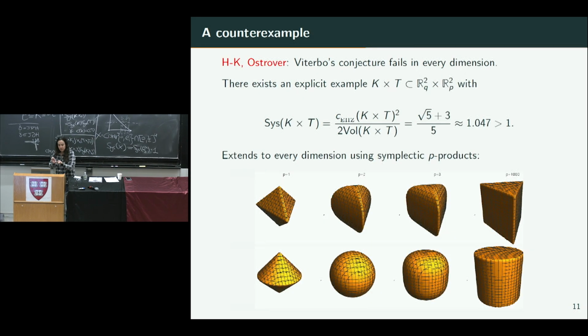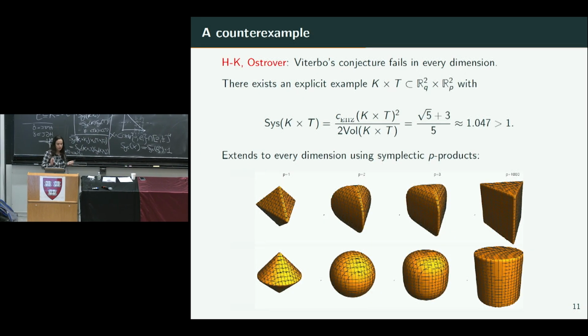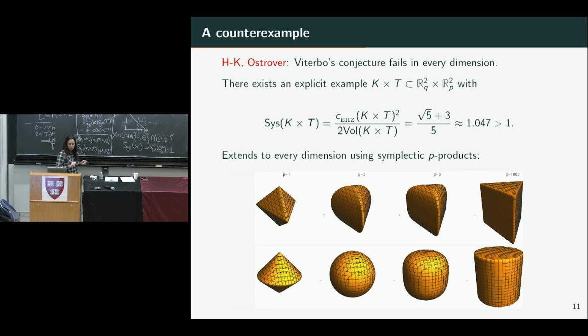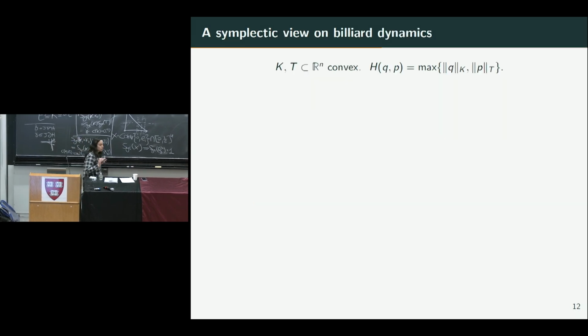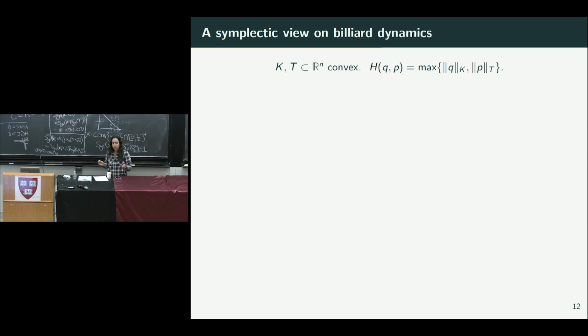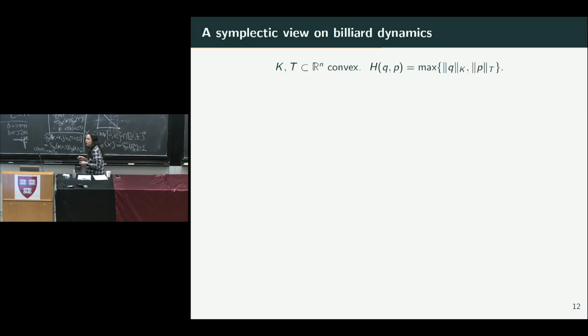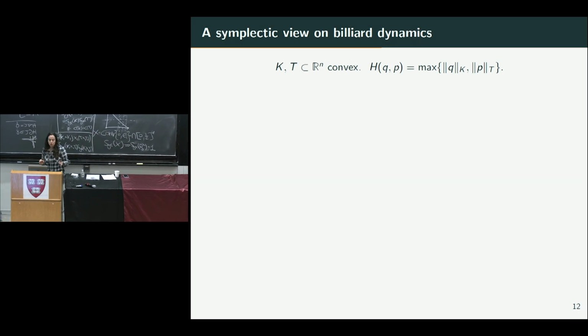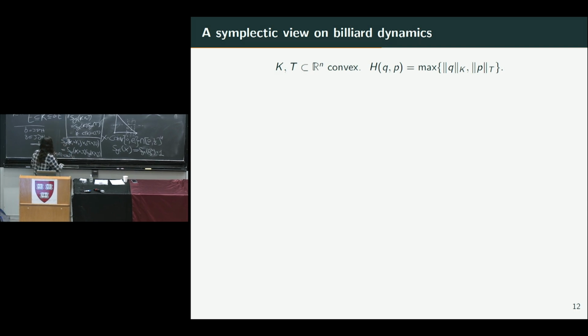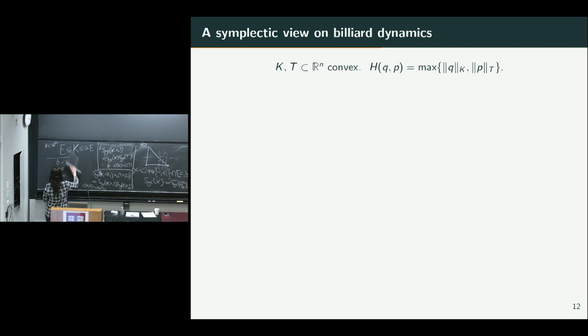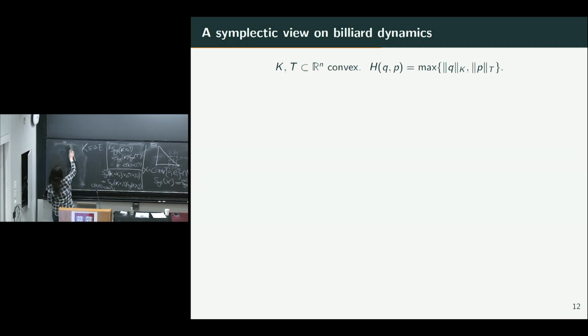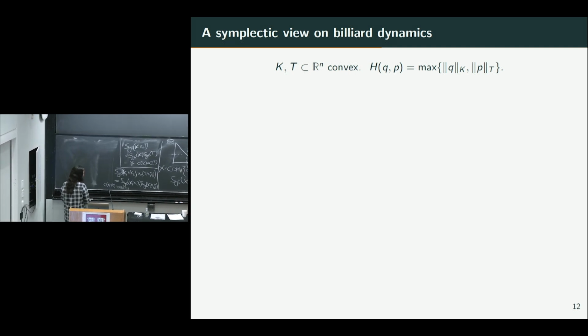Okay, as the counterexample is of this form, which is very special, taking Lagrangian products, maybe let me discuss how the dynamics looks in this case. It's in close relation to billiards. The Hamiltonian in this case will look like the maximum of the norms of these two domains.